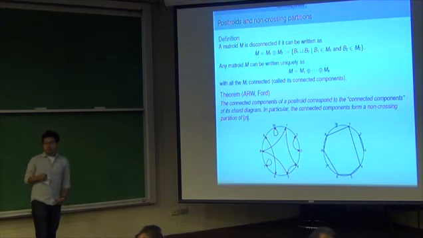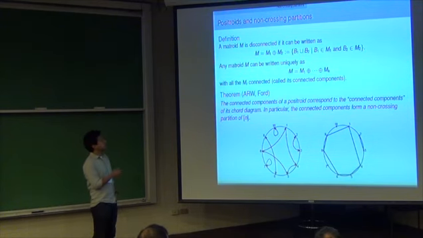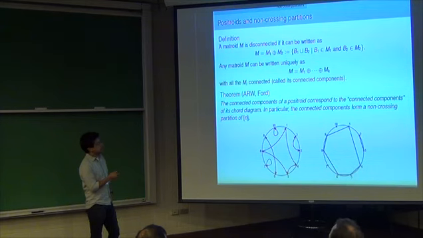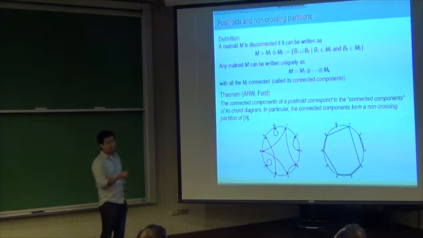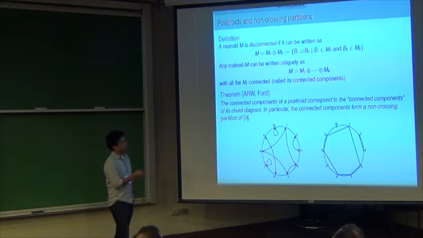So how do non-crossing partitions come into the picture? Well, I have to tell you about connected components for matroids. We call a matroid disconnected if it can be written as the direct sum of two other matroids, M1 direct sum M2, and that's by definition just that the bases are the disjoint union of the bases, one from M1 and one from M2.